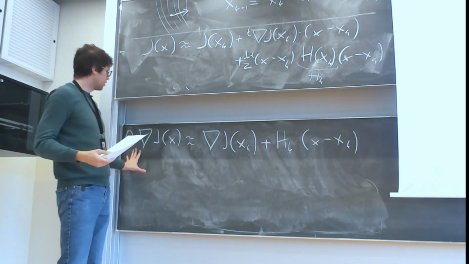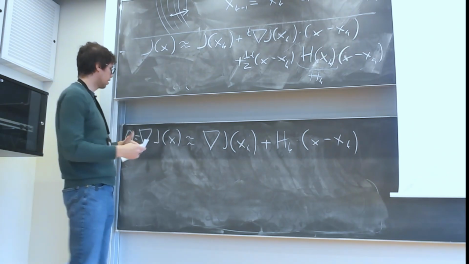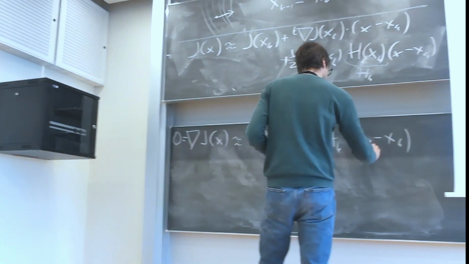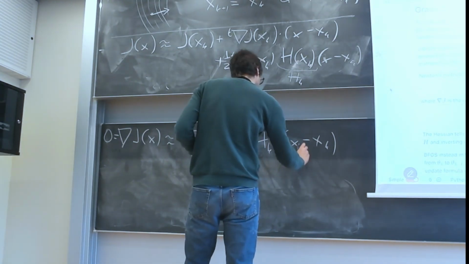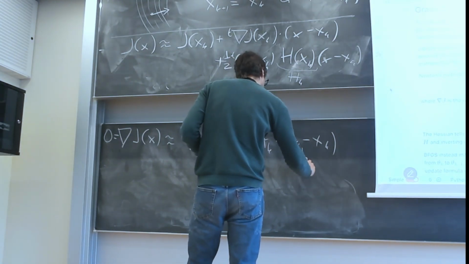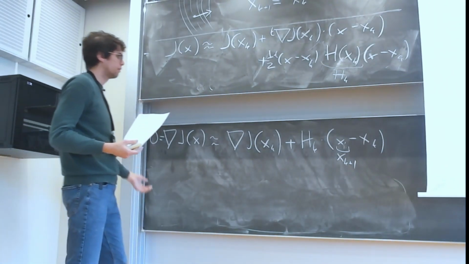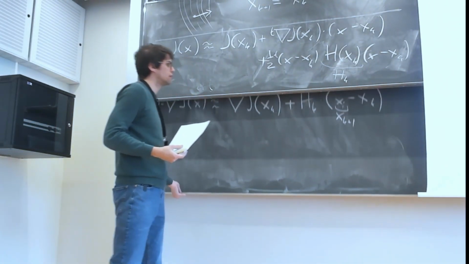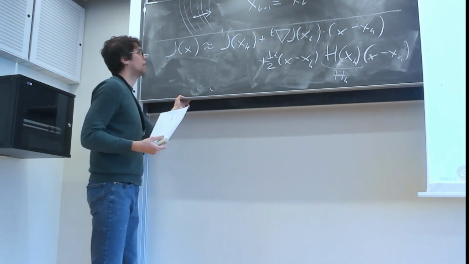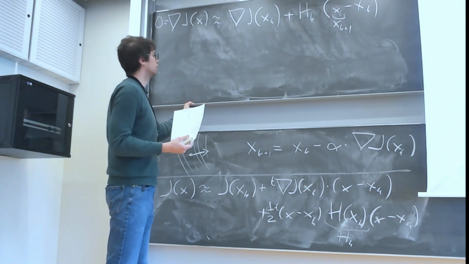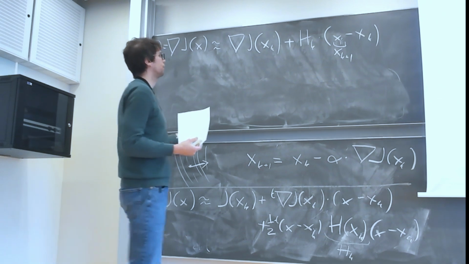And the minimum of this function should be your new xk plus 1, a new value that you take and hope is the minimum. Of course, here we didn't check whether it's the minimum or the maximum, but just to get the intuition.